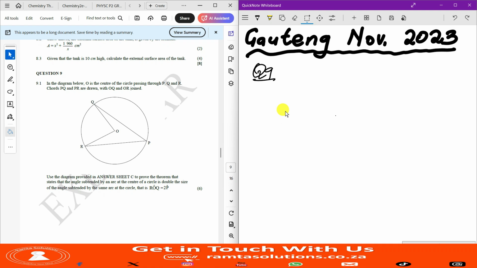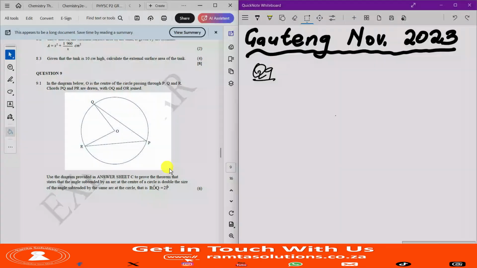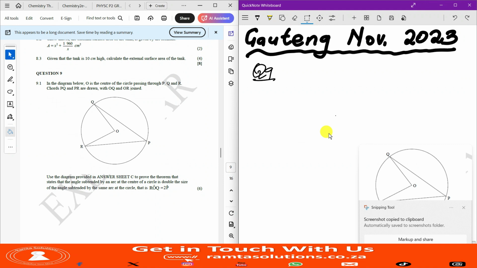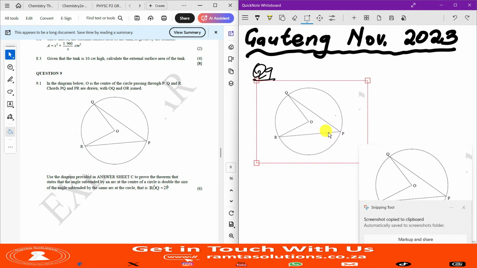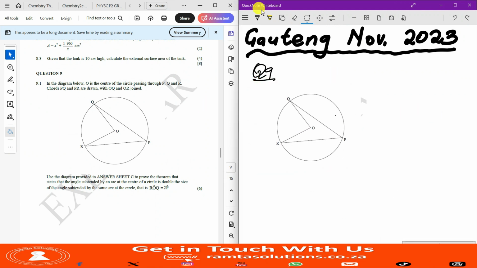Okay, let me do this. It doesn't want to be copied. Okay, perfect. I've copied it. Now I can paste it. Perfect. All right, here it is. So that's exactly what you have at answer sheet C.